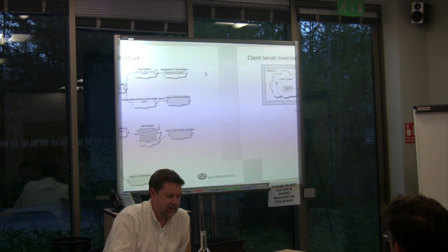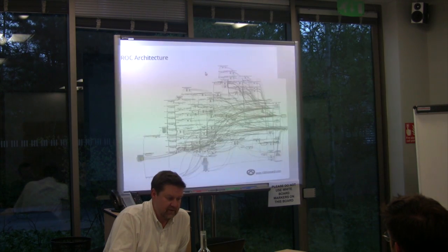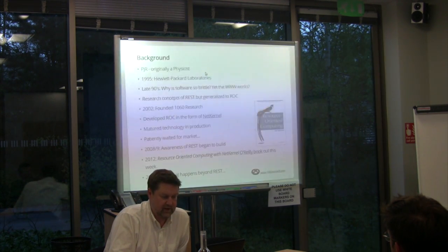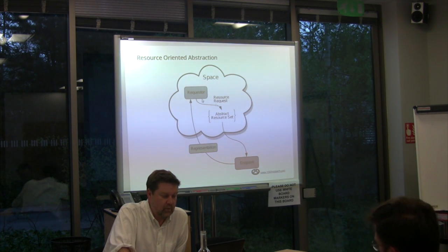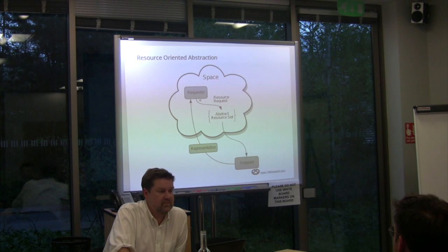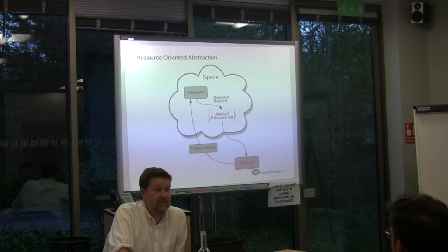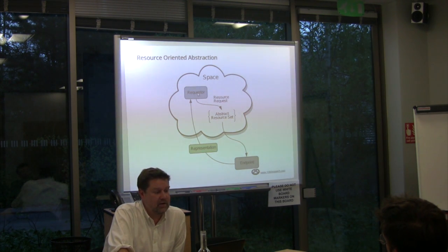The summary is, there's actually something very simple here. And the simplicity is that the web is a very simple system. It doesn't have any technological constraints in it. It's not a technology, it's an abstraction, it's a model.